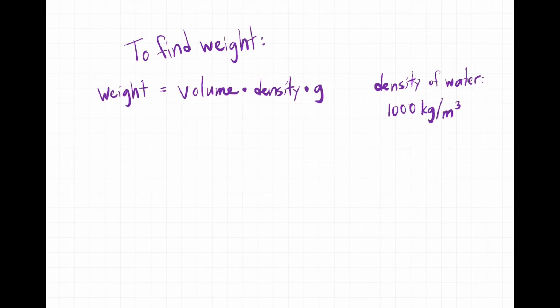If you're working with a different substance, the density might be different, but you can look up the density or find out what the density is. And g, the acceleration due to gravity, is 9.81 meters per second squared. Also note that if you're working in imperial units, such as feet and pounds, then you'll probably go straight from volume to weight because the density will be given in pounds per cubic foot or something like that.